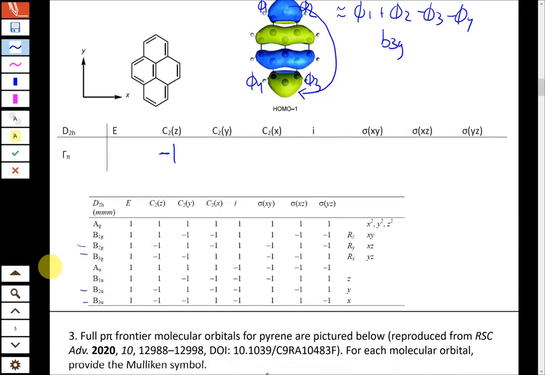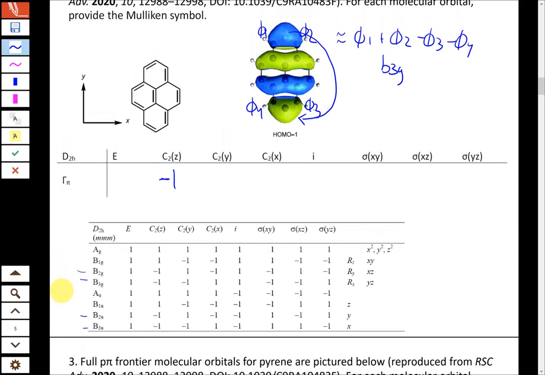And then to distinguish B2 from B3, we actually have to, I misspoke earlier, we only have to apply one of the 2, C2y or C2x, that will distinguish B2 from B3. So choose whichever one you want to do, it doesn't really matter. I'll do C2y just because it's next on the character table.